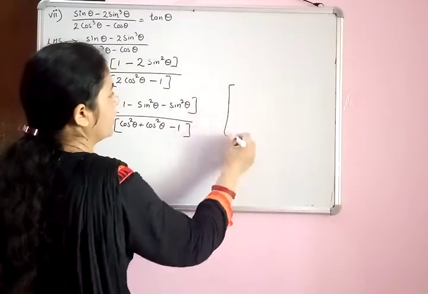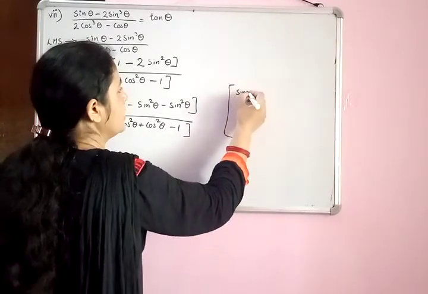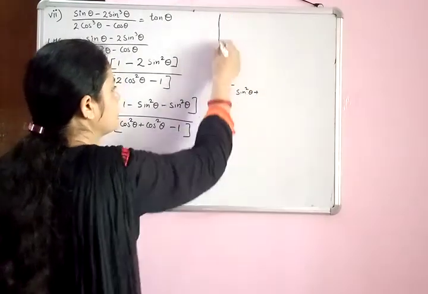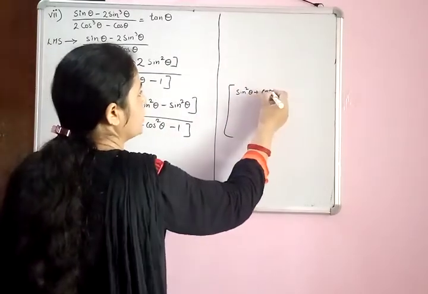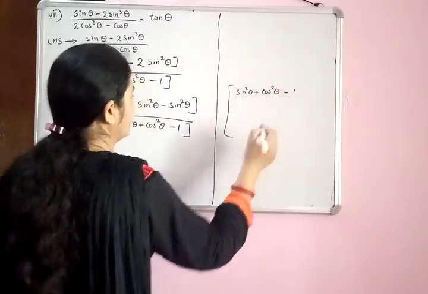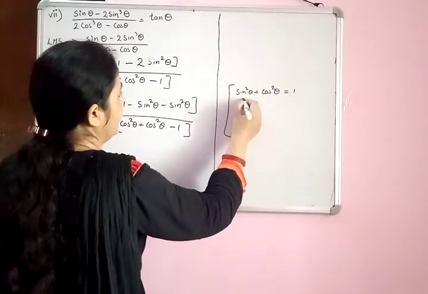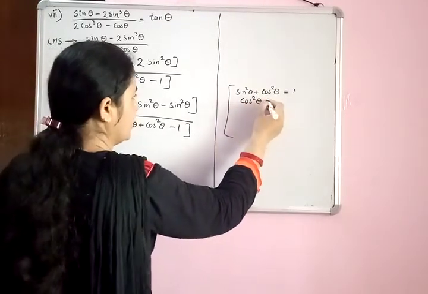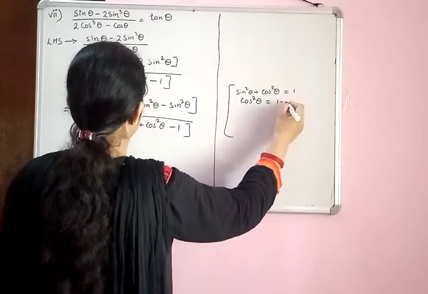Now we know the identity: sin square theta plus cos square theta is equal to 1. So we can write cos square theta is equal to 1 minus sin square theta.